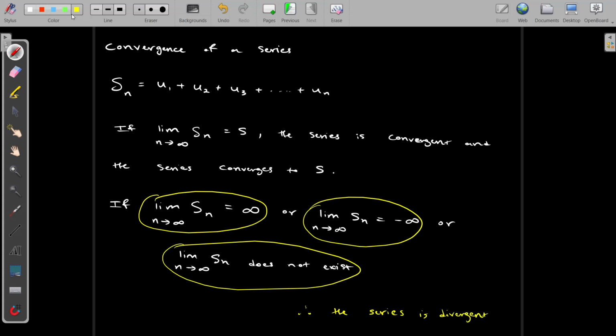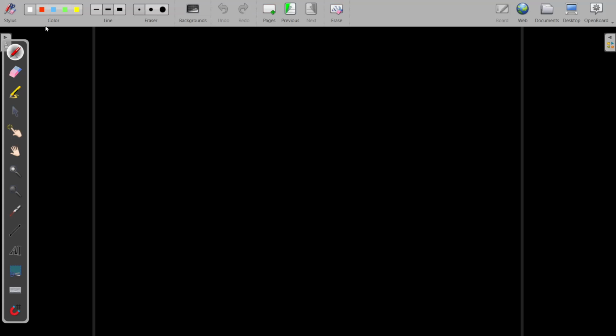And then for convergence, we have to have a particular limit for it to be convergent. All right, now let's look at how we're able to actually do this. So remember, one condition for convergence is that the limit must exist. For divergence, positive infinity, negative infinity, or even if the limit does not exist.